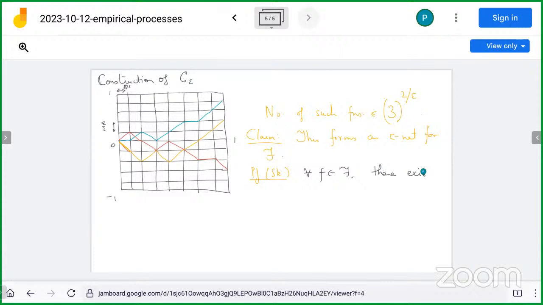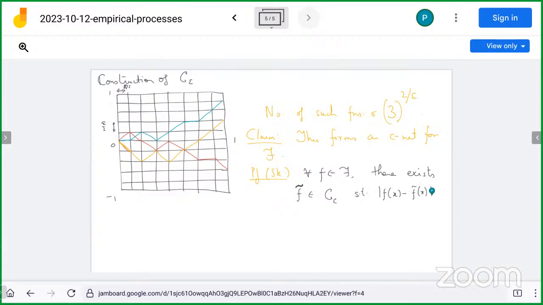Where you have to use the quadratic Lipschitz. So where are we using this? We showed that at the grid points, the distance is epsilon by 4. We want to show that it is that much everywhere. That's why you use it. So we can show the grid point function is in this class.